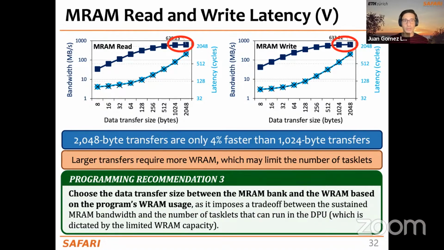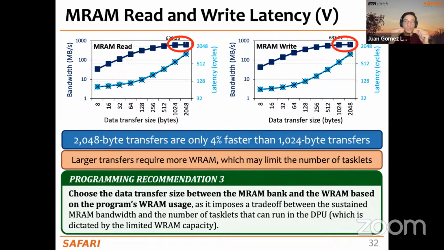Observe the example that I just gave you. You have 64 kilobytes in total. If you are using 16 tasklets, this means 4 kilobytes per tasklet. If you use transfers of 2048 bytes, that means that you can only have 2 arrays of 2048. So if you eventually need to hold data from a third array, you couldn't fit it in the amount of space that you have.